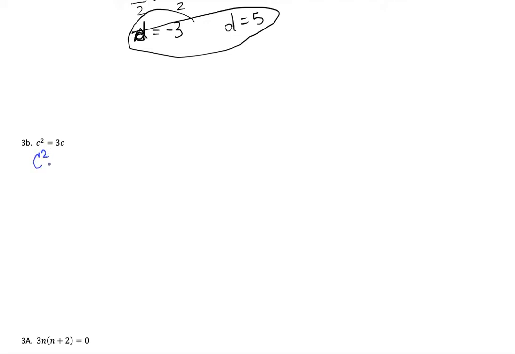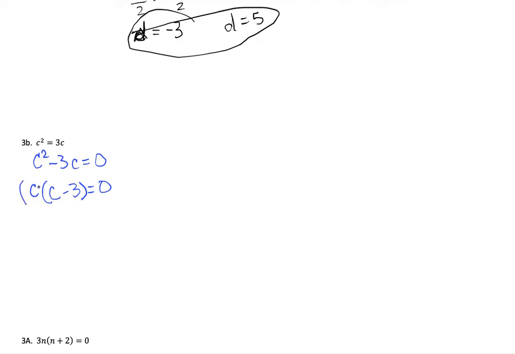So c squared minus 3c equals 0. And let's start factoring. Let's see, if I can take out a c, I'm left with c minus 3. It might have been a while since we've done this. And now I have 2 factors. I have a c and I have a c minus 3.